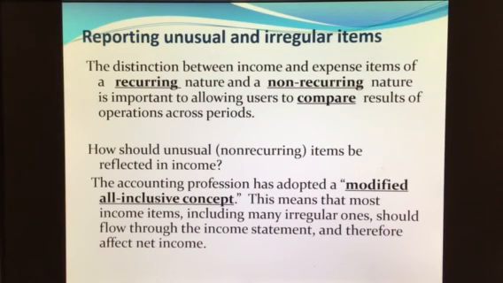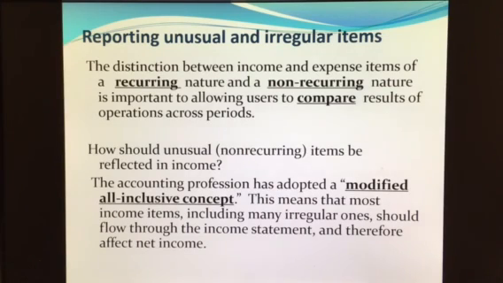Actually, this is quite a change from just a few years ago, because there used to be another class of items on the income statement known as extraordinary items, and these were the gains or losses that resulted from what were called unusual and infrequent activities.